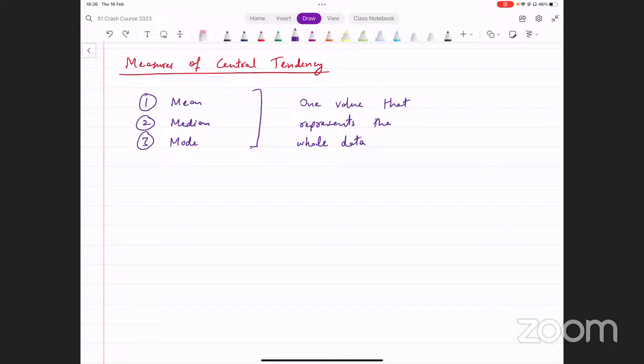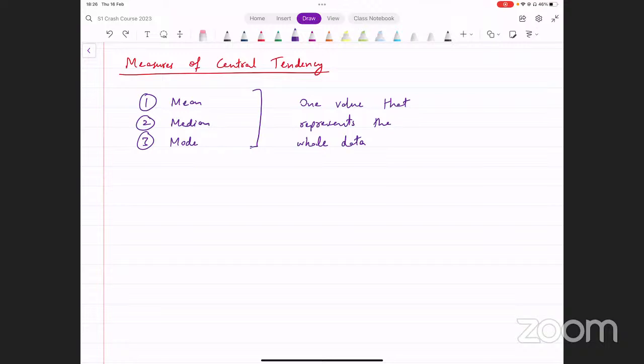For instance, if I were to have a test in this class, and let's say there were 15 different students, and they scored, so each one of you, let's say, had some score out of 50. Now, if somebody was to ask me how the class performed, I would not really tell marks of every one of you.